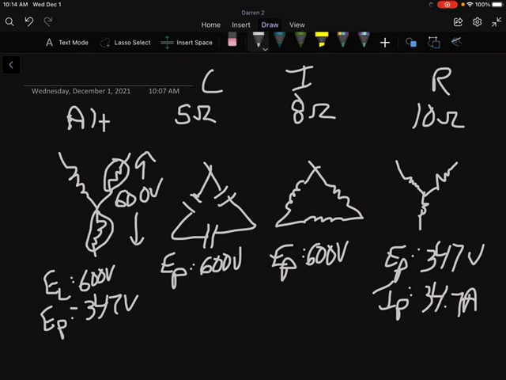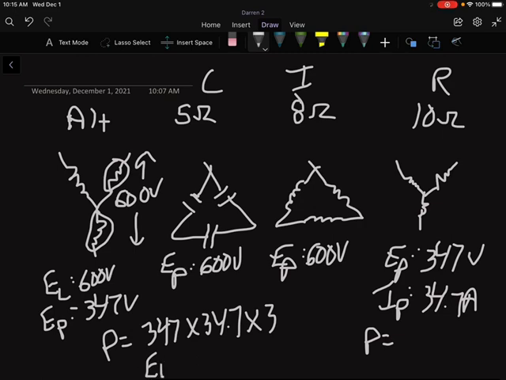All right. Now we're looking at our three-phase power. For three-phase power, we use the phase values: E phase times I phase times 3.